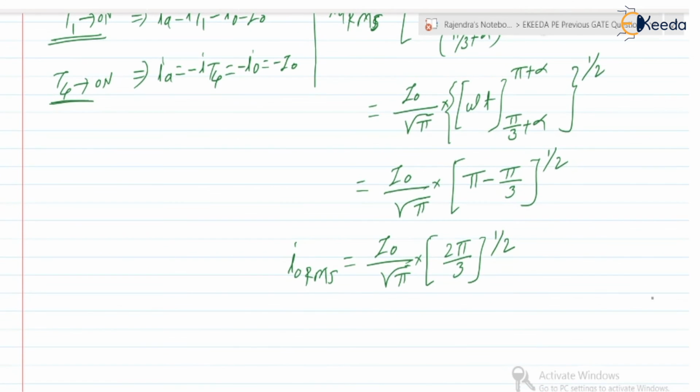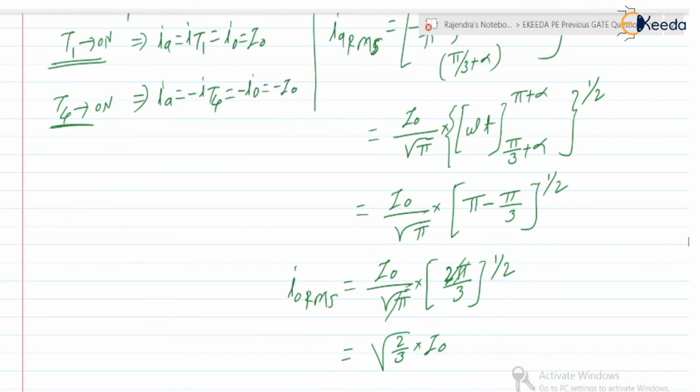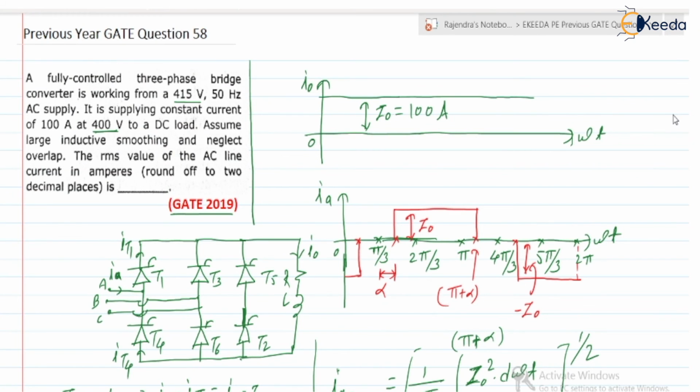If you check, √π gets cancelled, only 2 remains, and π gets cancelled. So it is equal to √(2/3) times I0, where I0 is given as 100 ampere.